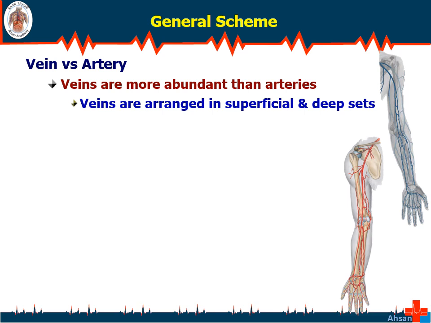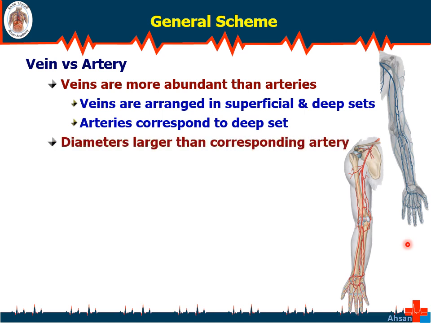So here you will get the artery, but these are very minute arteries, while the veins are very large, dilated, sometimes very, very large and long. But the artery is not like that. The artery is distributed in the deeper part, and is accompanied by the deep set of veins. The artery always corresponds to the deep set of veins.